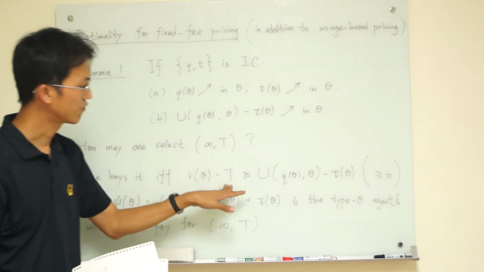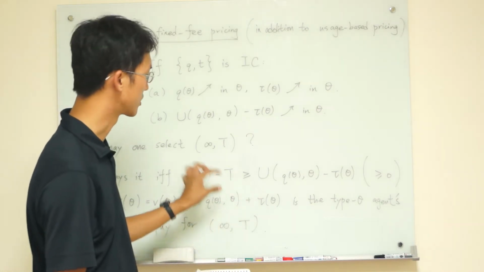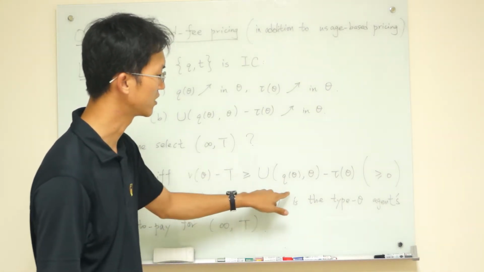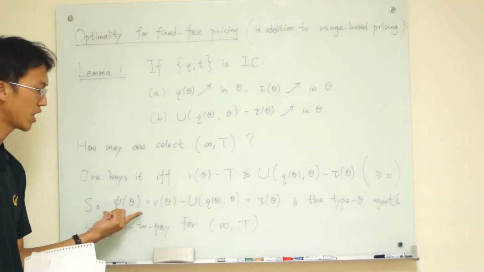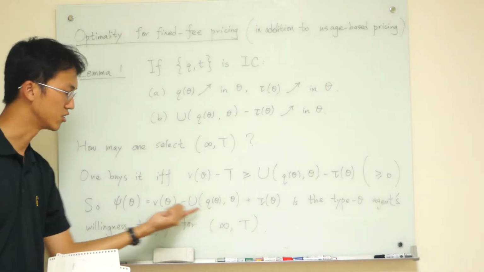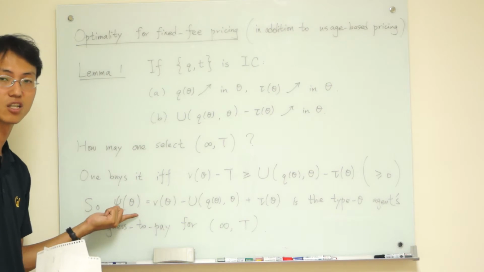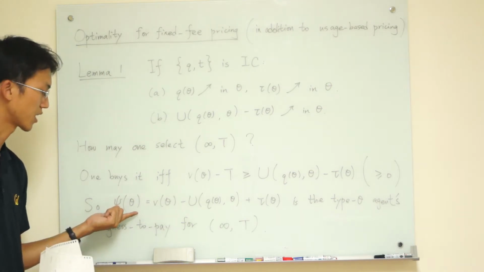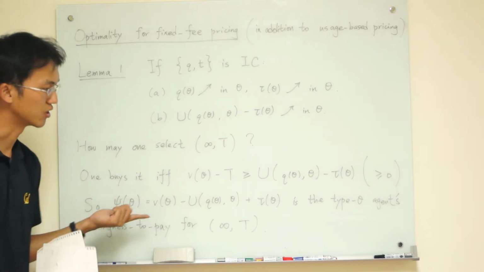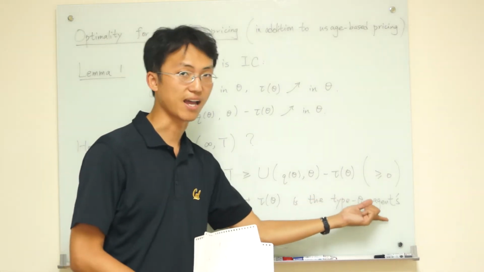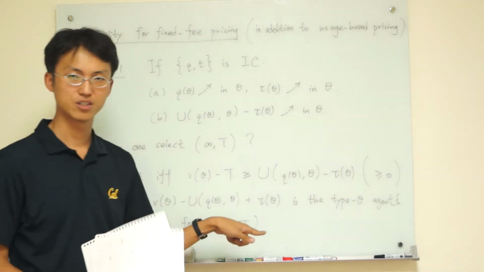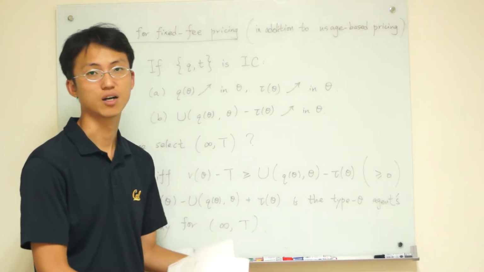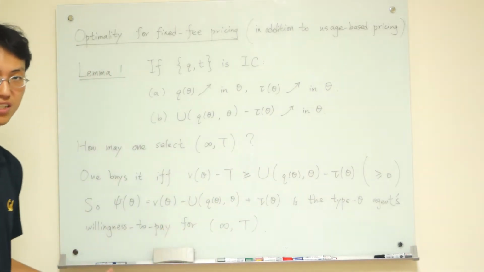If I do some arrangements, I'm going to make T the right-hand side and these two terms the left-hand side. I know that these three terms together give me this new function psi. This psi function is the type theta agent's willingness to pay for the all-you-can-eat option.